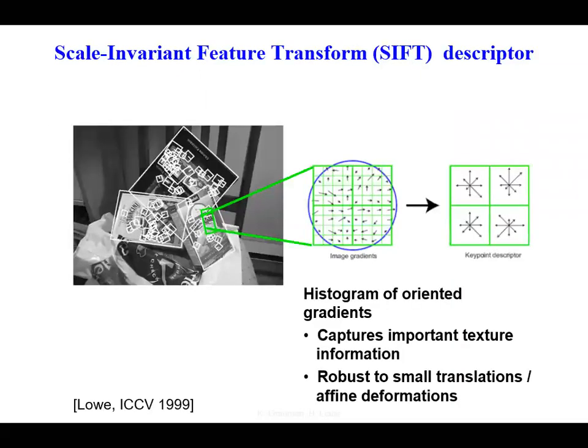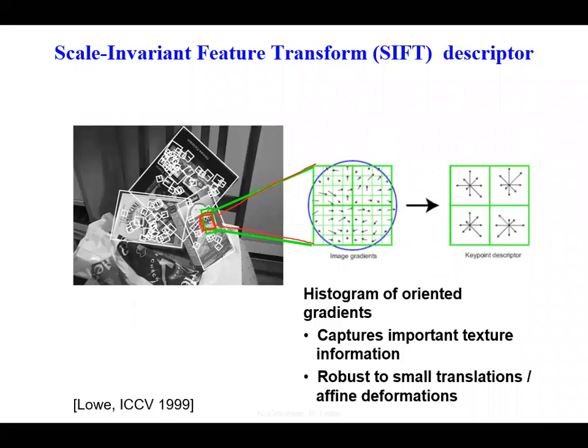So back to SIFT. What we have covered previously is that, at the end, I will have a certain particular patch. Inside that patch, I would like to build my descriptor. What is the descriptor? It's just a description of the little local neighborhood of the points.